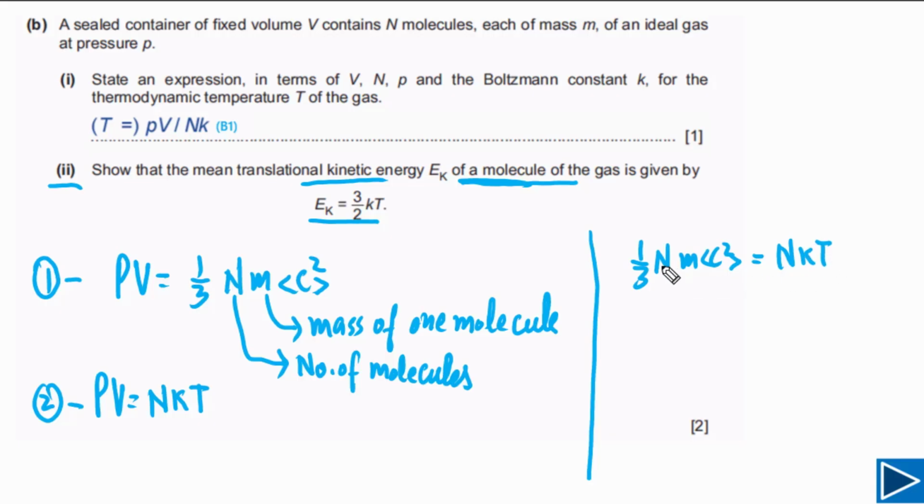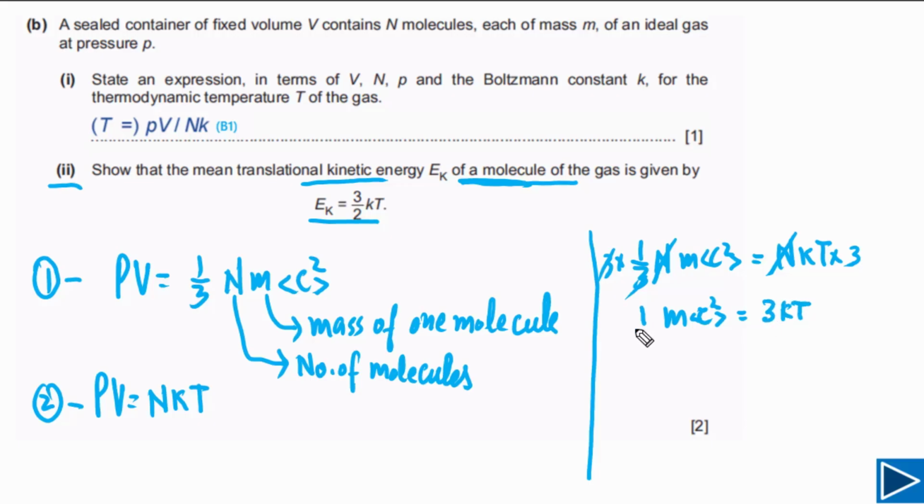But N is common on both sides, so simply we can cancel N with N. We can also multiply this side with 3, so we also have to multiply this one by 3. So we are left with mc square, mass of molecule times mean square speed, and this is equal to 3kT.